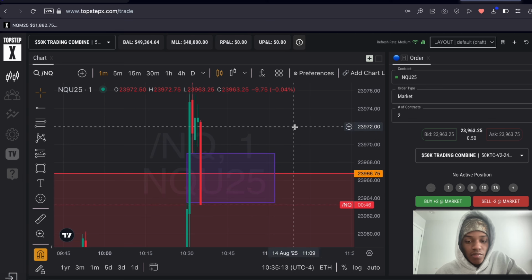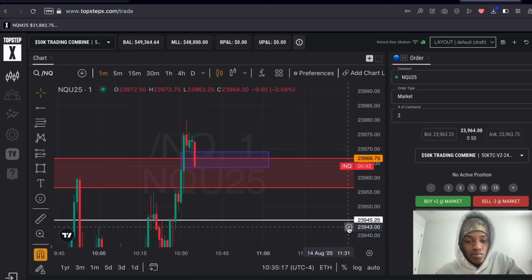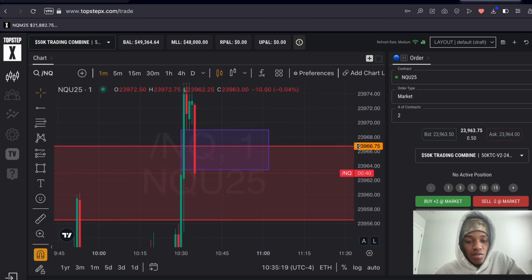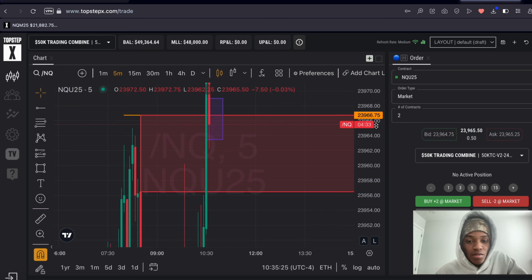So this fair value gap just got filled. Let's see if we get it closer. I don't know. That was insane just now.